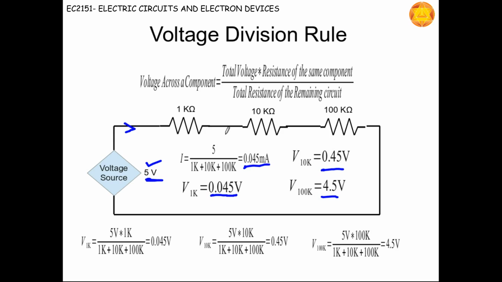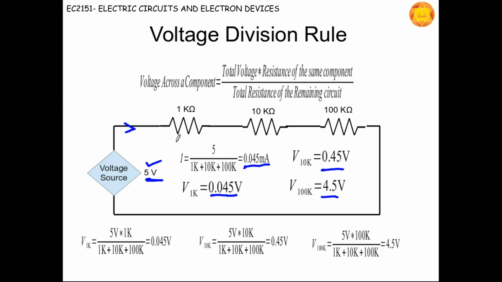Now we are going to solve this circuit using the voltage division rule. So the voltage across the component is equal to total voltage into resistance of the component divided by total resistance of the remaining circuit, right? So here, if we take voltage across 1 kilo ohm equals total voltage, 5 volt, times the resistance of the same component.